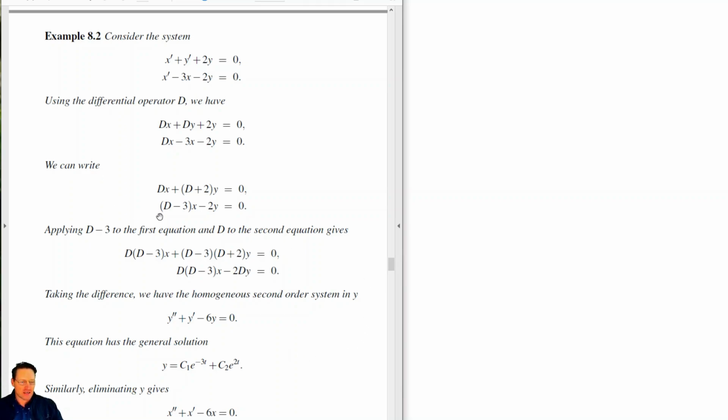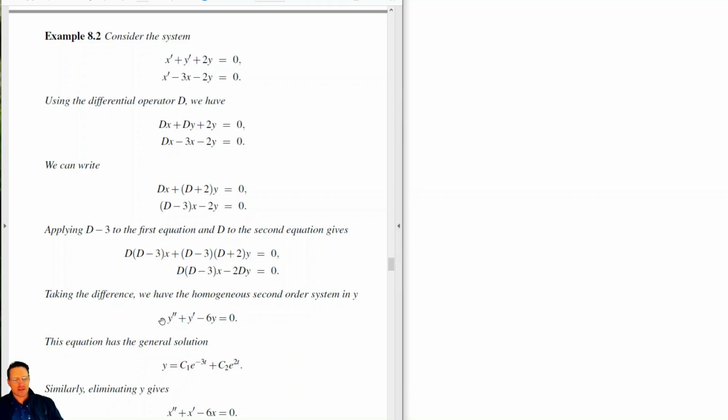And then in the second equation, we want to operate with D. So we apply D, and we get (D - 3) operating on x, minus 2D operating on y. The reason we did that is so that we can take a difference of these two equations and eliminate the x. Because you see we have (D - 3)x in each equation. So subtracting those two equations will give us an equation just involving y.